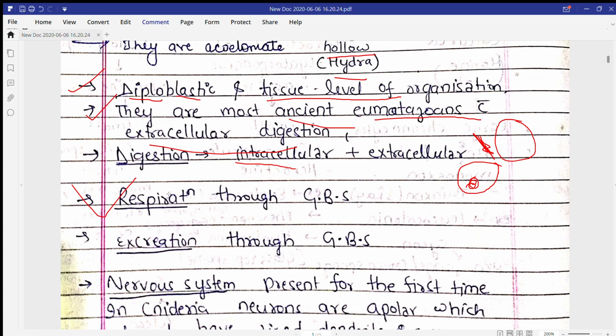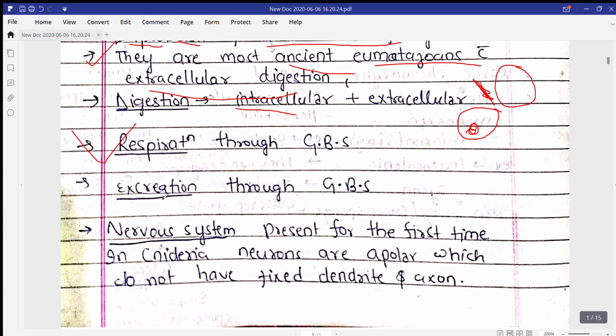Now, let's talk about the nervous system. In the poriferans, no nervous system is present. So here it is present for the first time. Remember, the nervous system is seen for the first time in invertebrates in Cnidarians. Their neurons are apolar and do not have a fixed dendrite or axon.